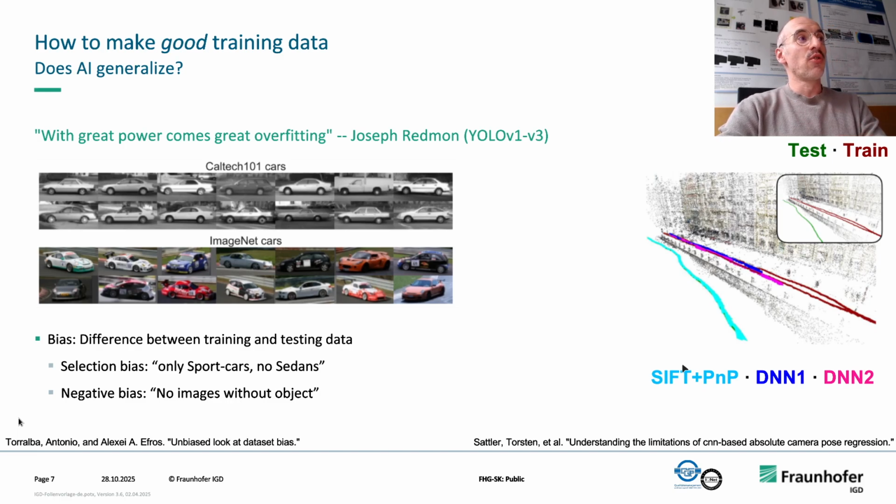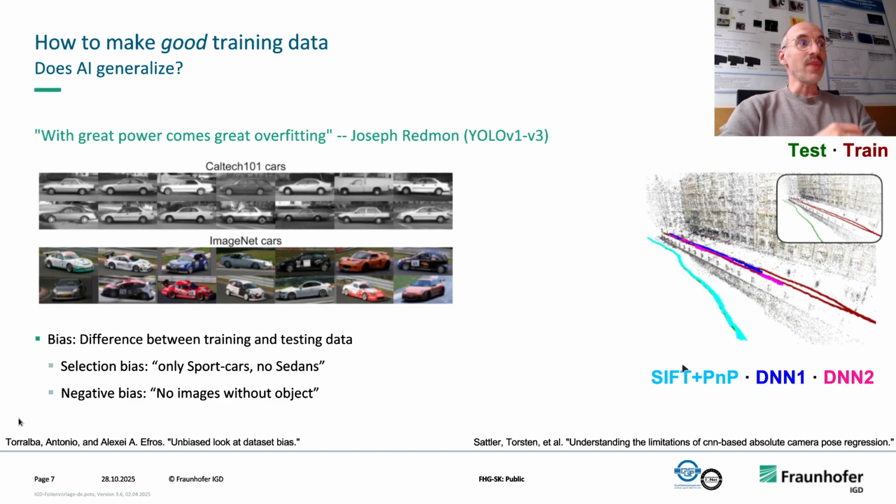So this one is called selection bias, which is one part of the dataset bias, and the selection bias is that we only have sports cars or only have sedans in one of the data sets. Also, we have another bias in both the data sets, which is the negativity bias, and we have no images without cars in this case. So our machine learning model might just detect the road and not the cars, and will say, okay, this is the most common thing between all these images.